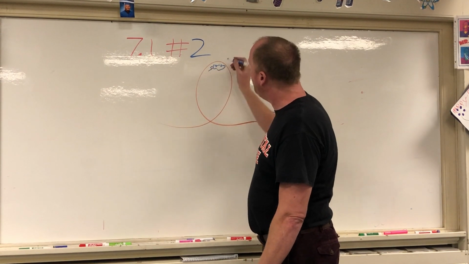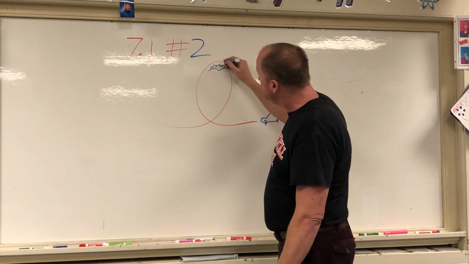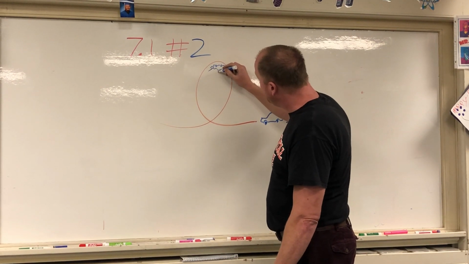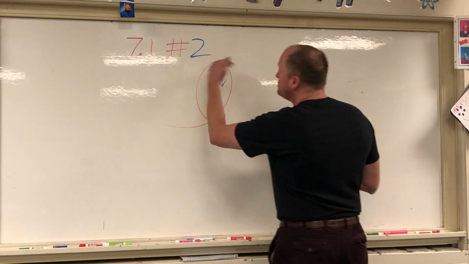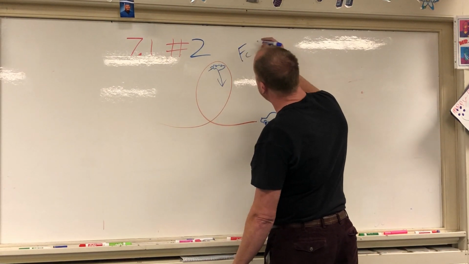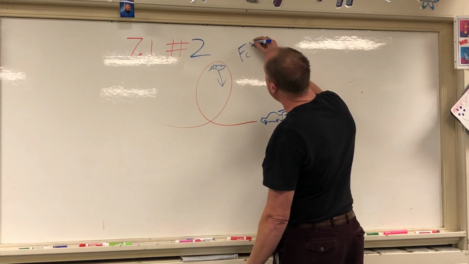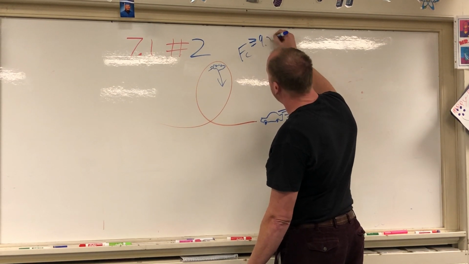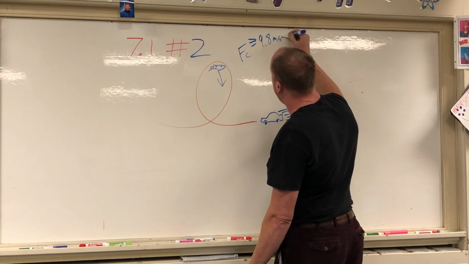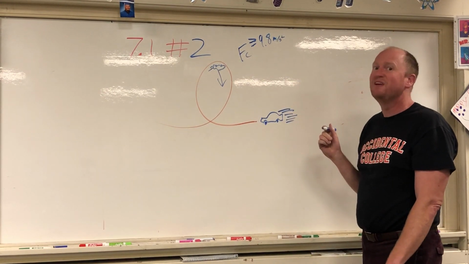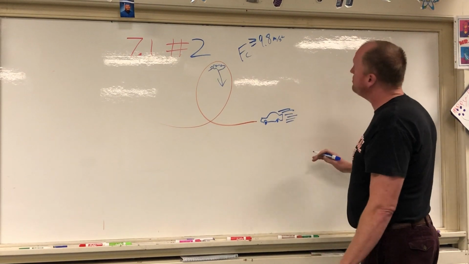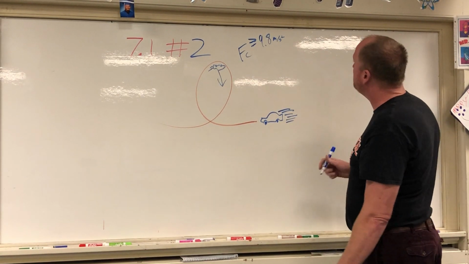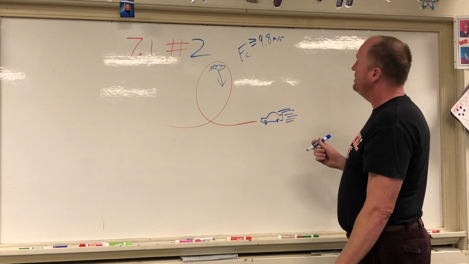If your centripetal force is less than gravity, well, gravity is going to take over and you're going to fall and die. So when you're going, your centripetal force, Fc, must be greater than or equal to 9.8 meters per second squared. Is that not right, Earthlings? Yes, it is. So we are trying to find centripetal acceleration that needs to be greater than 9.8.